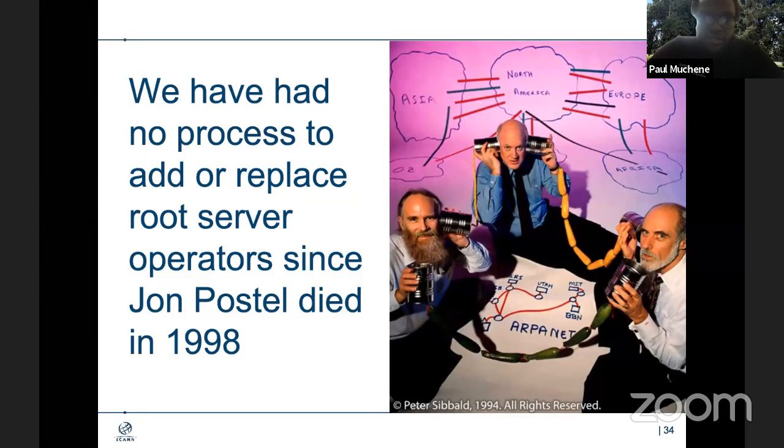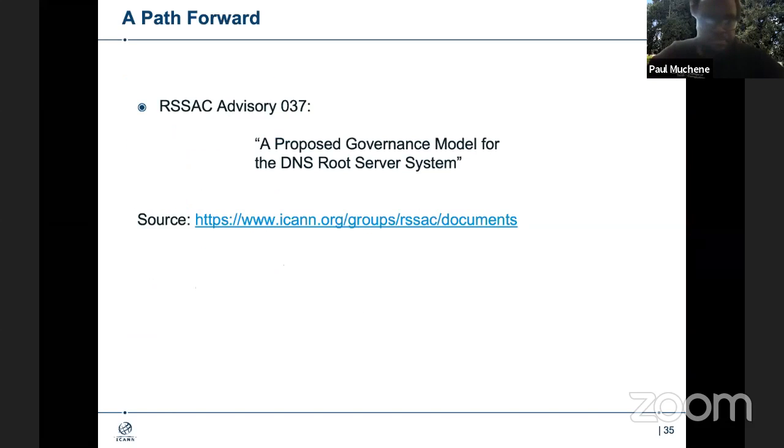But the root server system pre-existed ICANN, and before then there were no processes to add or replace root server operators. This has been the case even today, until the new governance model that was proposed in 2017.